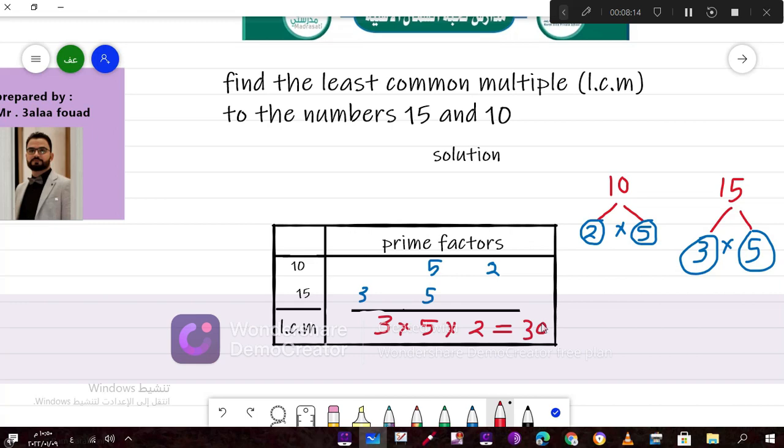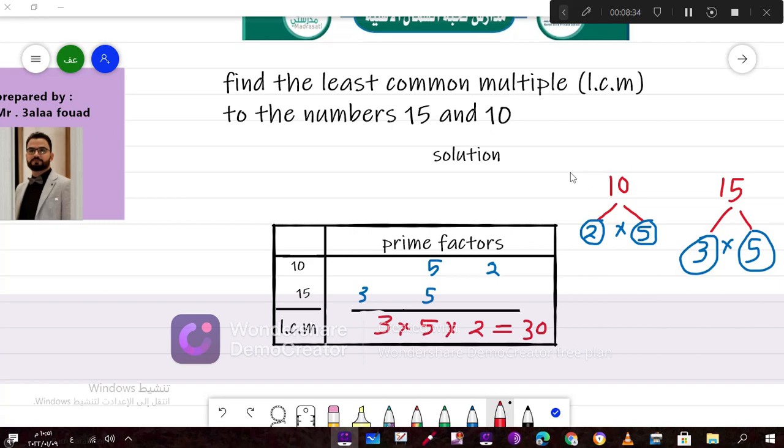Good. The LCM of 10 and 15 is 30. This is the answer, and we know it is right because we already found the LCM using the multiples. Now we know the method works.